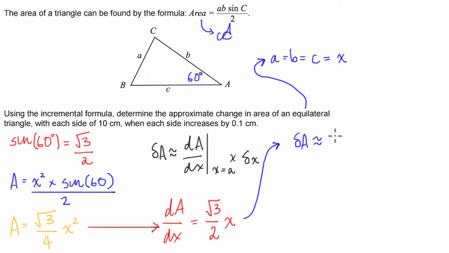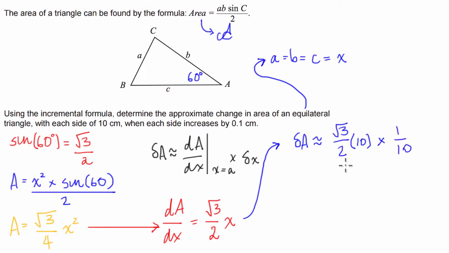So this is going to be the square root of 3 over 2 times 10, and then we have to multiply that by the change in the side length, which is 0.1. So sticking to that fractions theme that we've got going here, I'm going to just times this by 1 over 10.